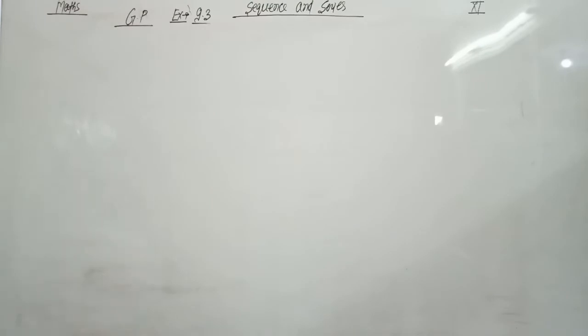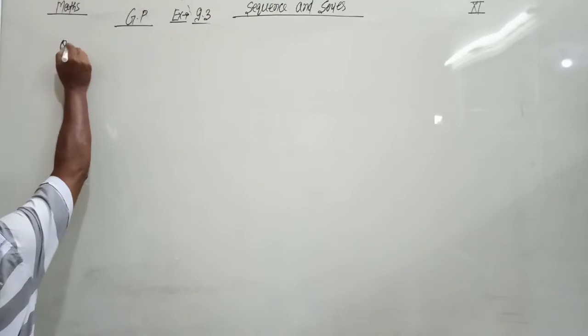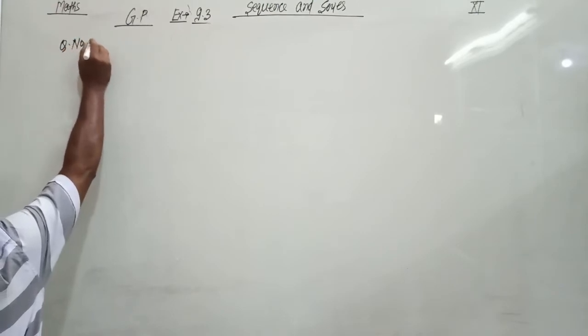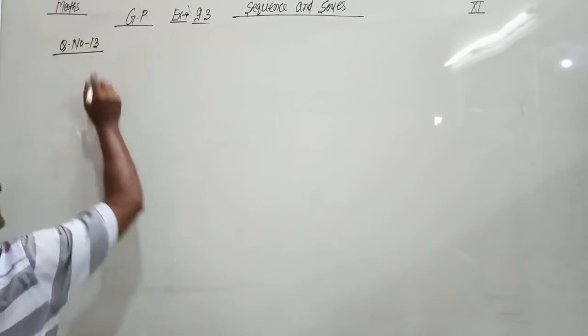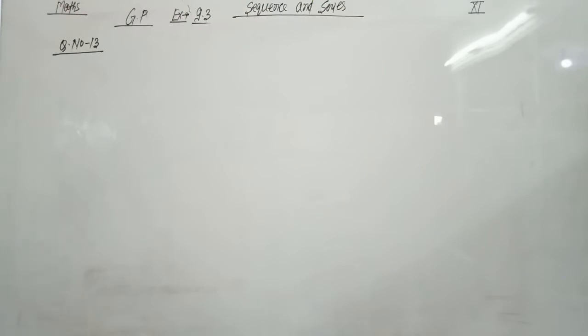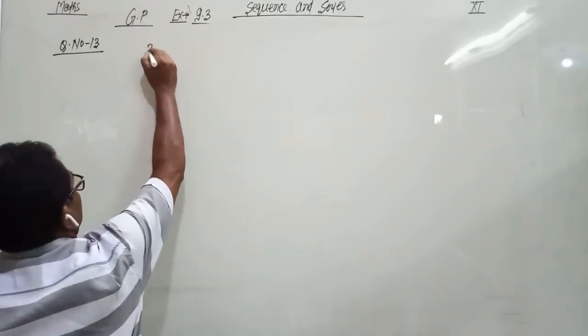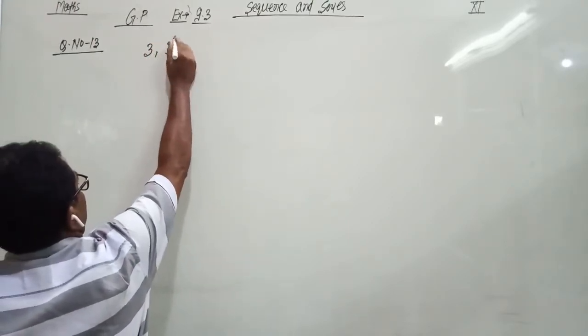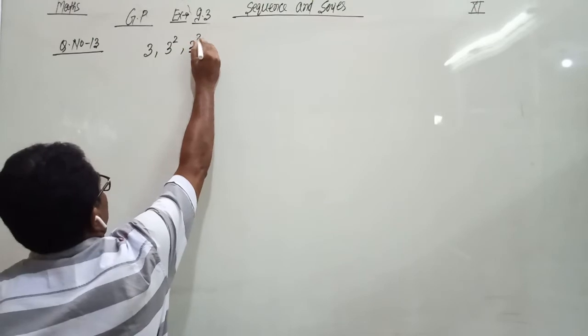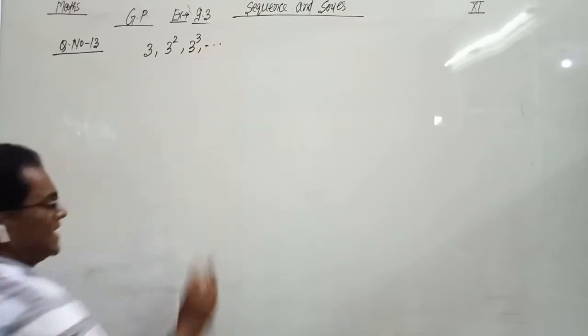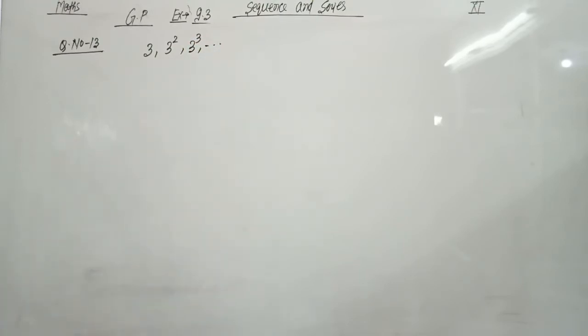Then question number 13. How many terms of the GP 3, 3 square, 3 cube, and so on, are needed to give the sum 120?